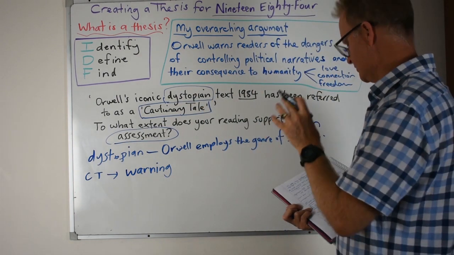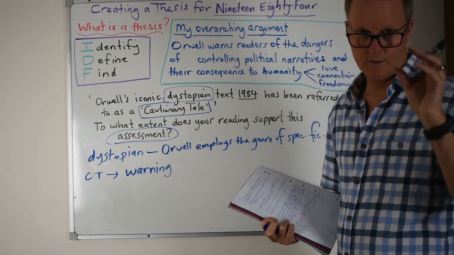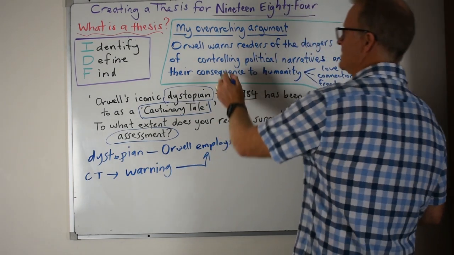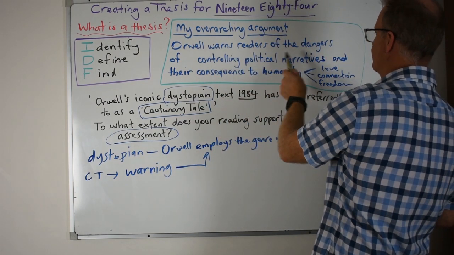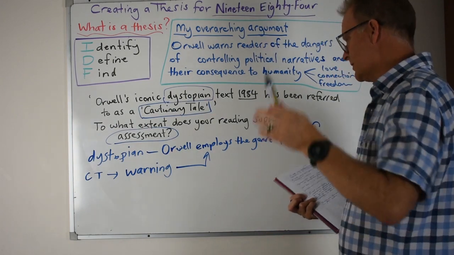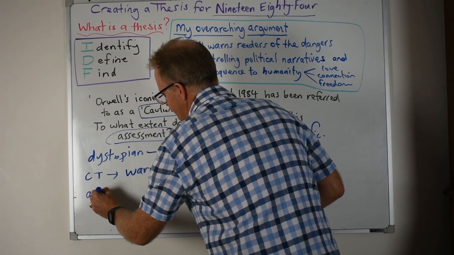So that's inviting you to focus on the impact on the reader. And what's the warning about? Well, obviously it's about the controlling political narratives and their consequences to humanity. Okay, so there we go, we're straight back into that. And then we've got this word assessment.